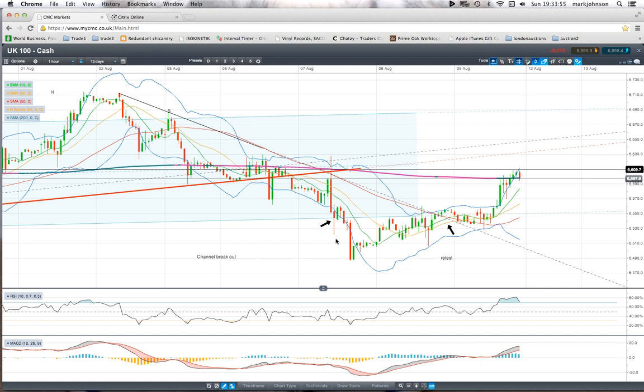My target was around here, 514. It hit that, and then came steadily back up. I was expecting a bounce back off this channel and down, possibly to the 6,300, 6,400 levels, but it didn't.